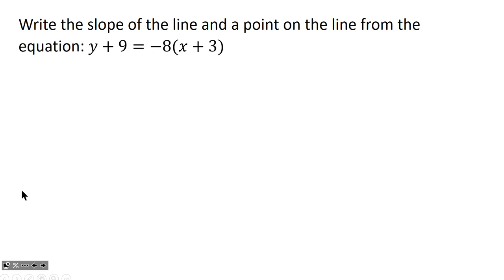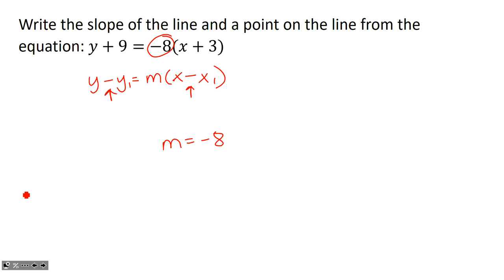Okay, next one. Write the slope of the line and a point on the line. This equation is in point-slope form: y minus y1 equals m times (x minus x1). The slope is probably the easiest part to pull out of here. The slope is going to be negative 8. Now remember, in this formula it's y minus y1 and x minus x1.